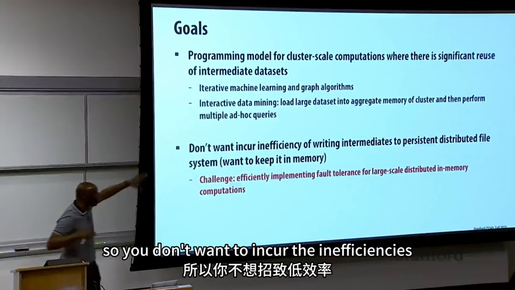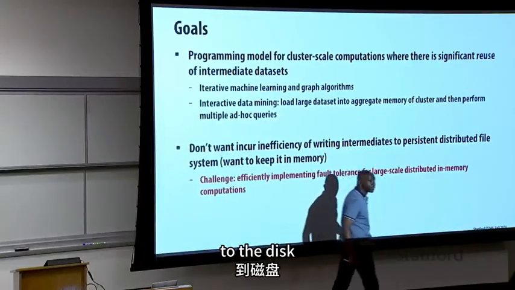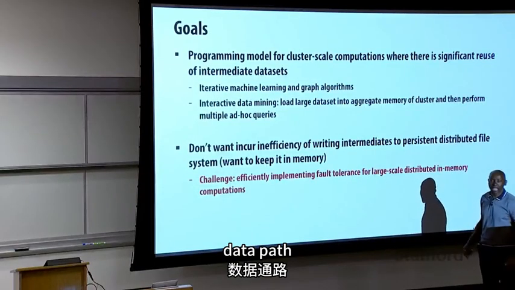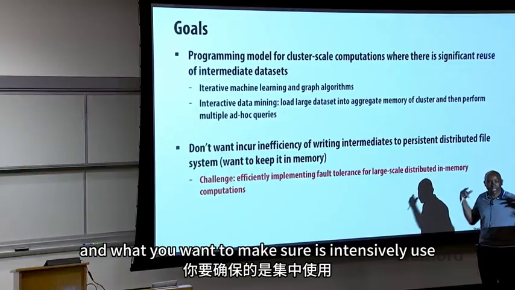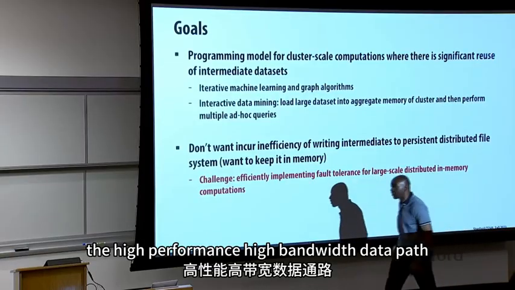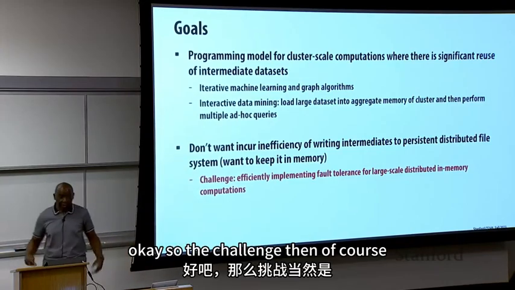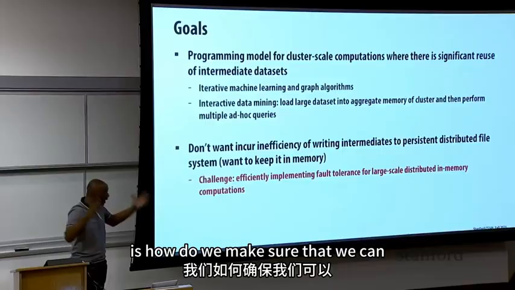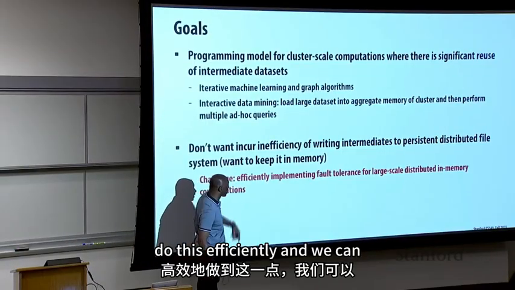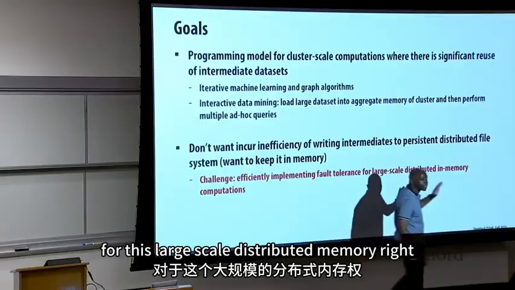So you don't want to incur the inefficiencies of writing the intermediate data to the disk, because we said that's a low bandwidth, low performance data path, and what you want to make sure is to intensively use the high performance, high bandwidth data path between the CPU and memory. Okay? So the challenge then, of course, is how do we make sure that we can do this efficiently and we can efficiently implement fault tolerance for this large-scale distributed memory, right?